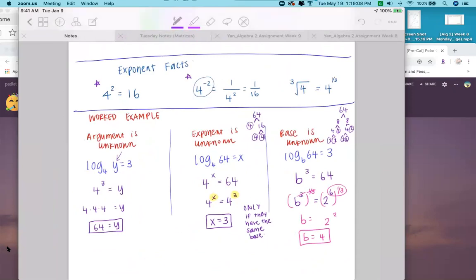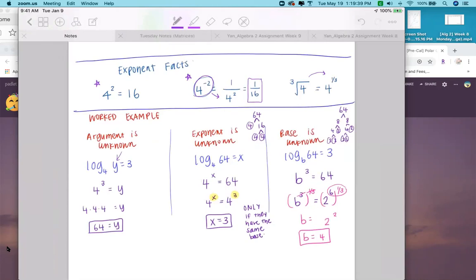But whenever we have a 4 to the negative 2 power, that whole thing goes to the denominator and the negative goes away because we rewrote it as a fraction, which becomes 1 over 16. Okay, last one. If I have a cube root of 4, when I rewrite it in exponential form, it's 4 to the 1/3.